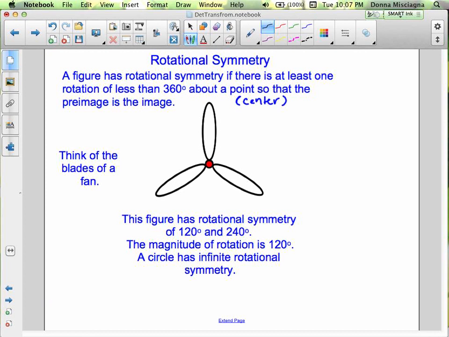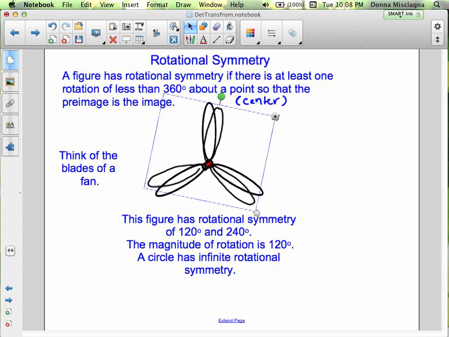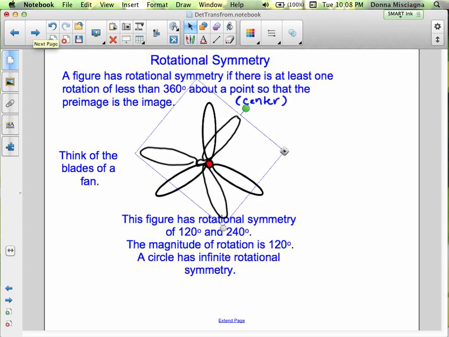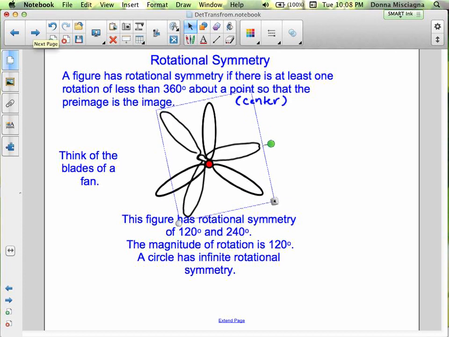I don't know if it will all be one figure. I'll try. It's going to look a little weird because if I lift my pen up, it might not be one figure, so I won't lift my pen up. All right, so if I rotate it, we seem to have issues rotating around a point on this smartboard.